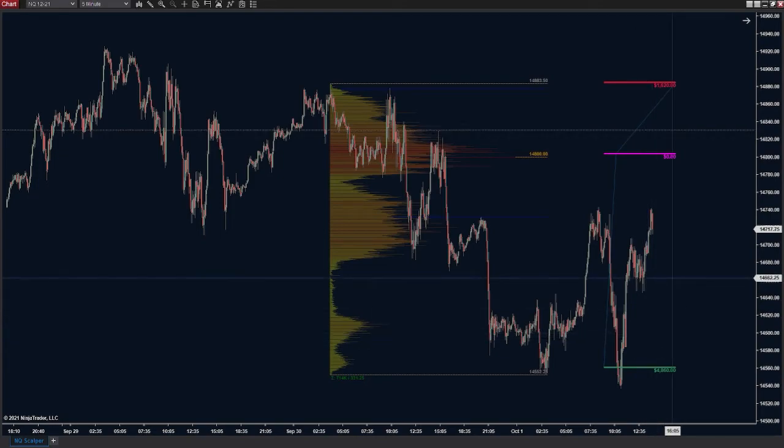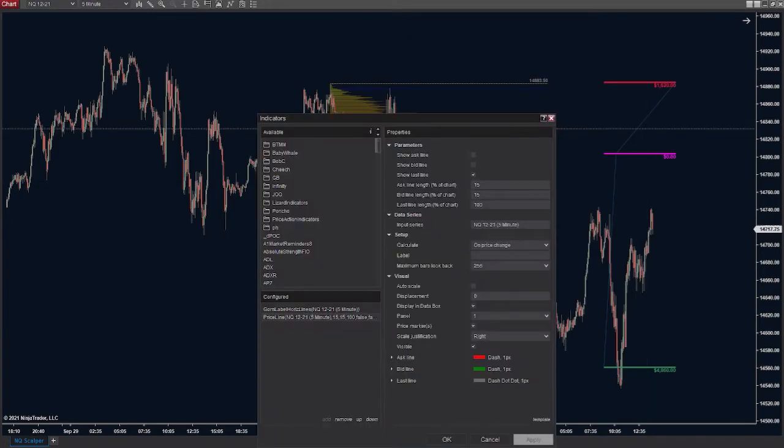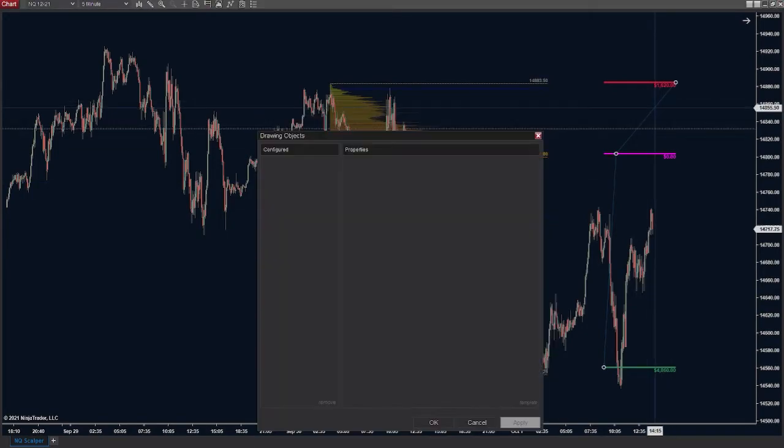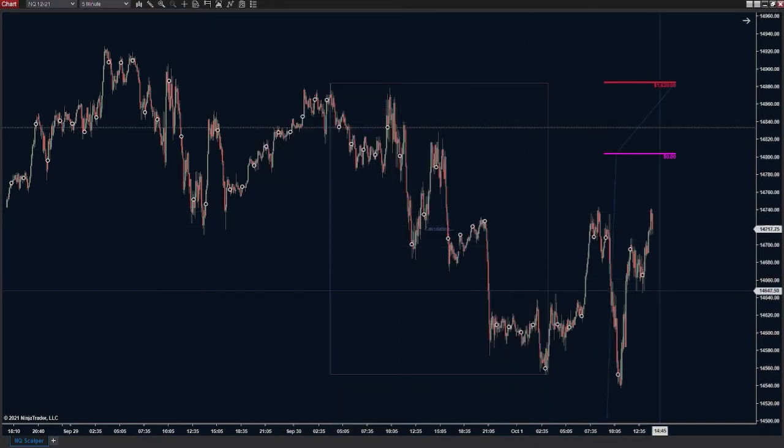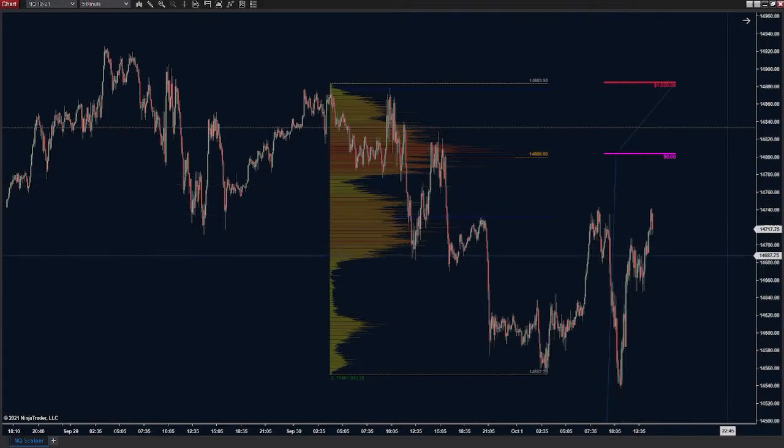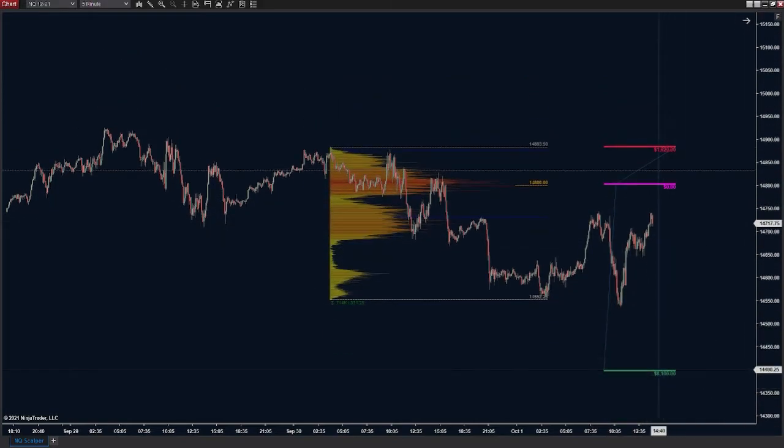Now, what if I want to approach this from a slightly different perspective? Maybe I'm not comfortable looking for a 3-to-1. Maybe I'm looking for a 5-to-1. I know the probability on this trade is bad, but if I go for a 5-to-1, that puts my target way out here. That's just not going to work, or at least not from a probability standpoint.